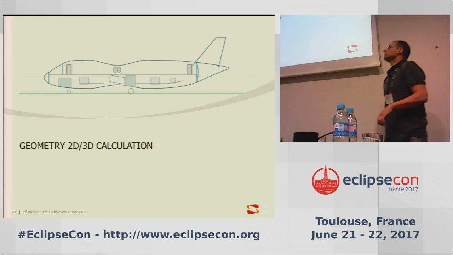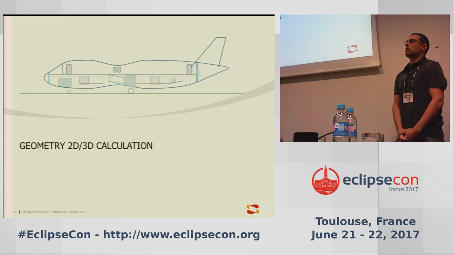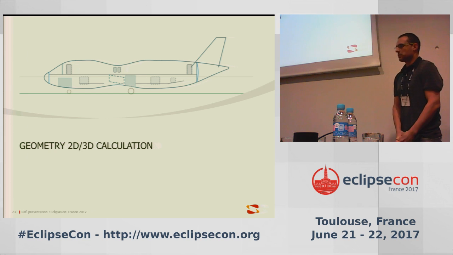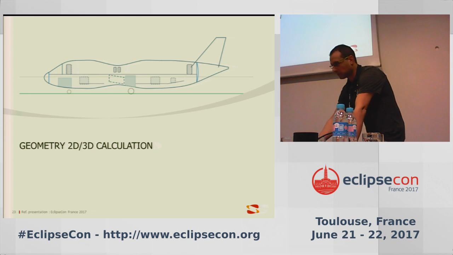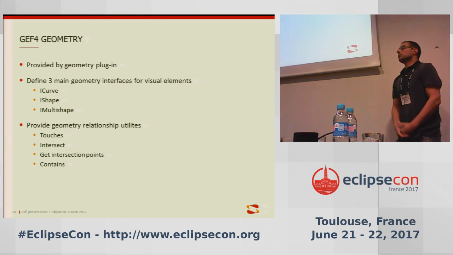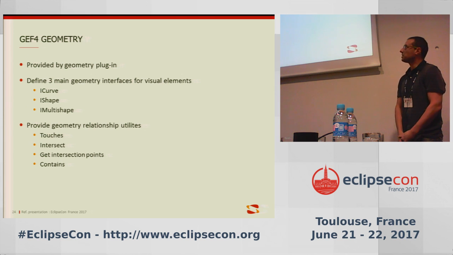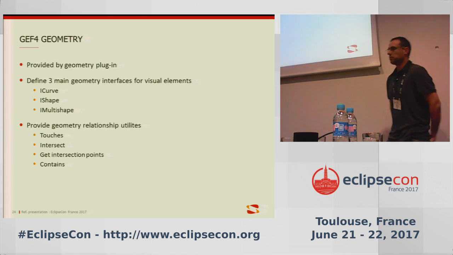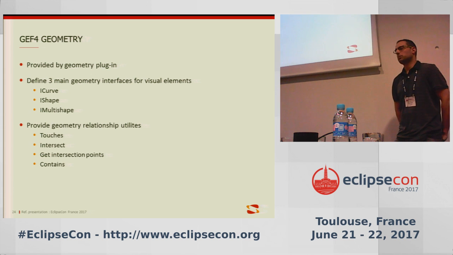So we'll talk now about how we have done the geometry 3D calculation. So you have a geometry plugin in GEF4 that provides 3 main geometry interfaces. So eCurve is for line, multi-line, and curve, like a Bezier curve. eShape is for closed shapes, like a triangle, rectangle, polygon.